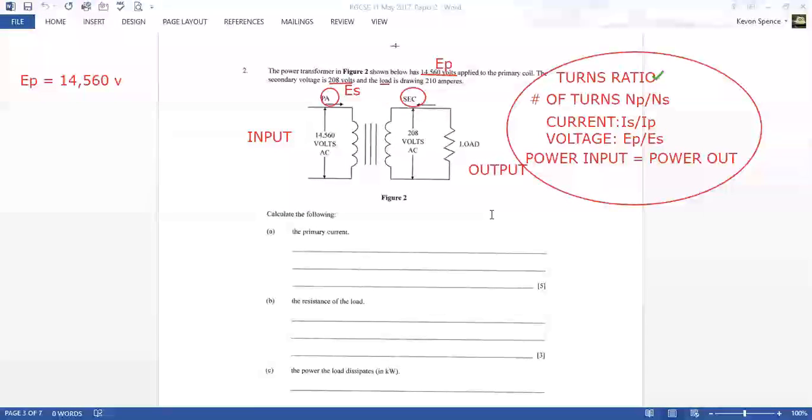Now, another way to understand it is the output side is the side that uses the voltage. The input side is the side that supplies.